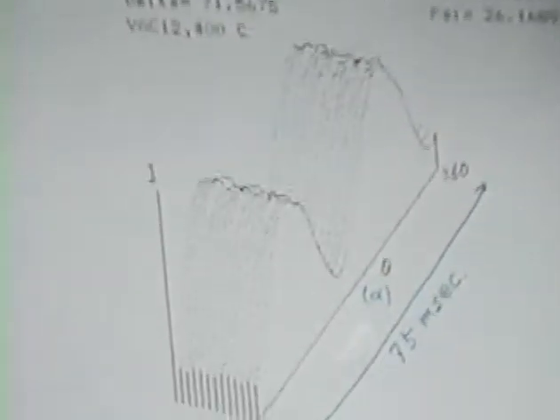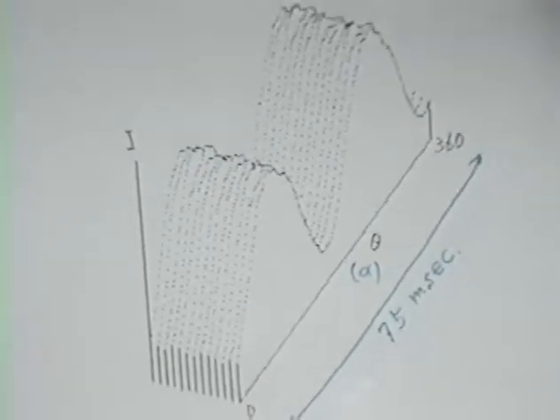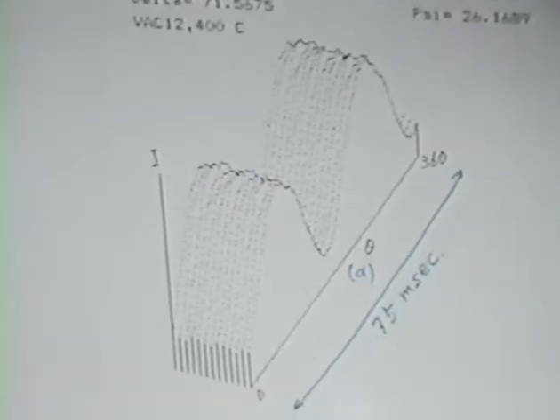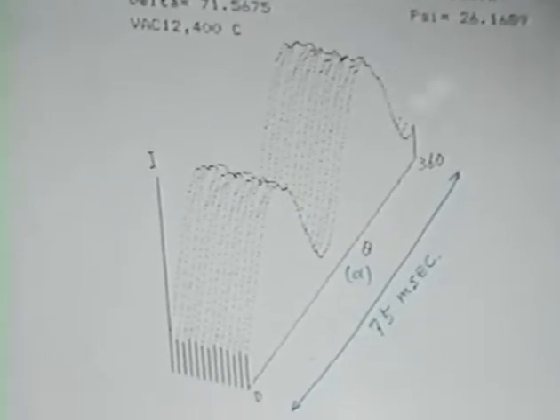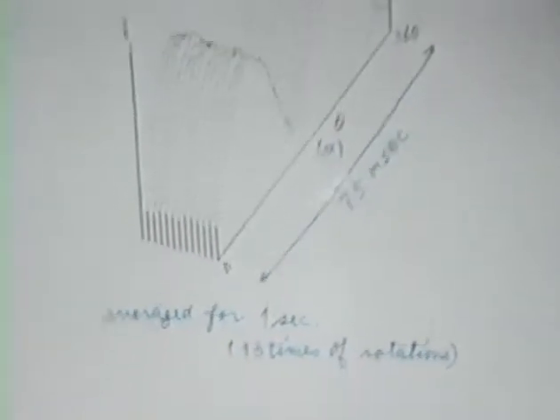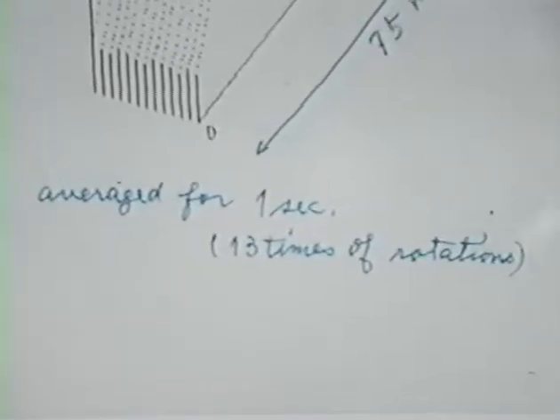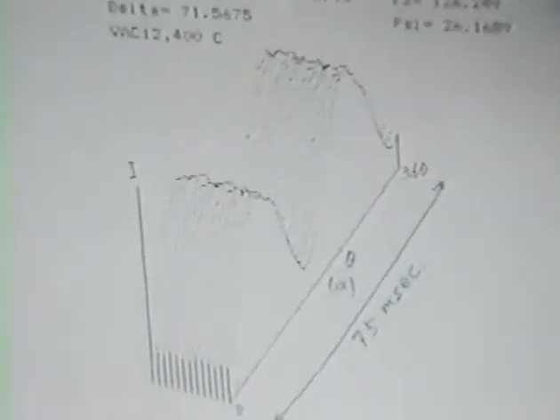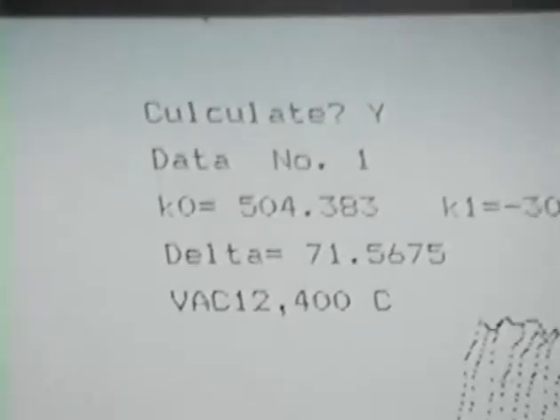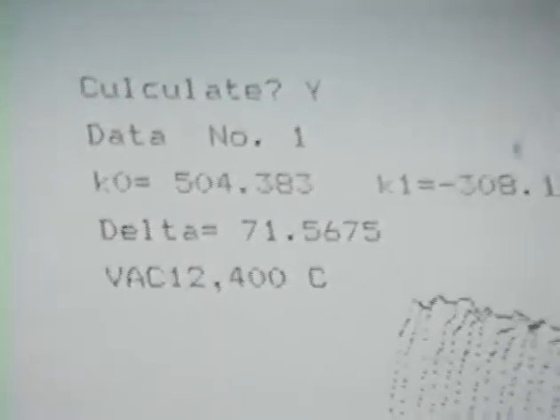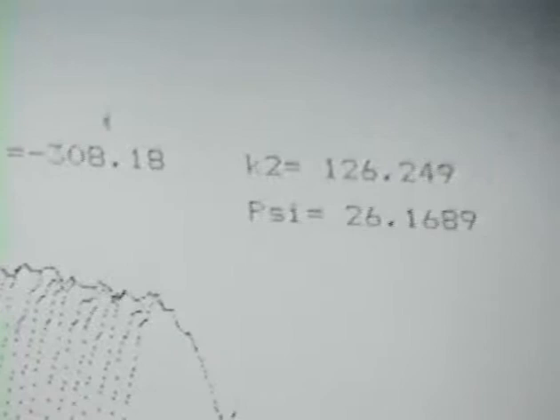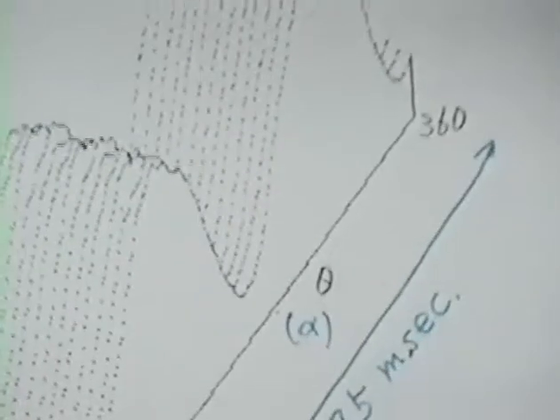Now, this is one example of the rotating analyzer, the light intensity as a function of the rotation angle alpha. To perform one rotation, it takes about 75 milliseconds. So basically we can follow very rapid surface reactions by using the rotating analyzer ellipsometer. However, in our case, we accumulated 13 rotations for 1 second.